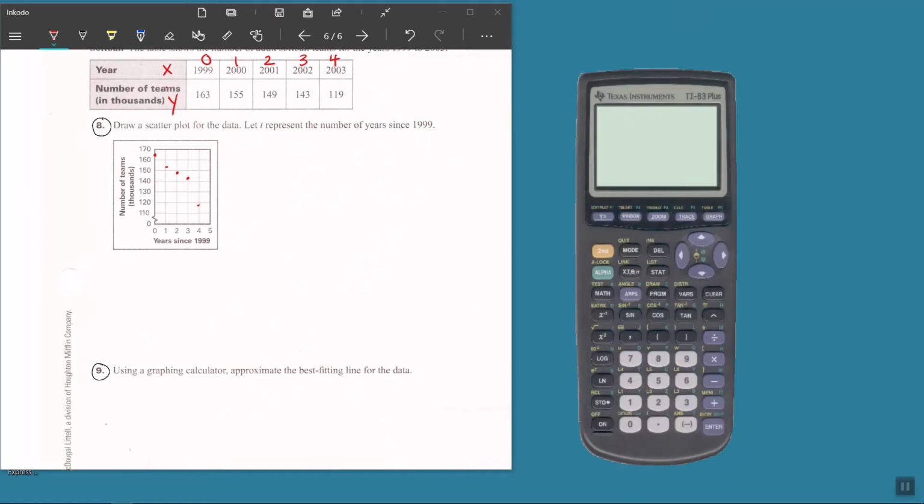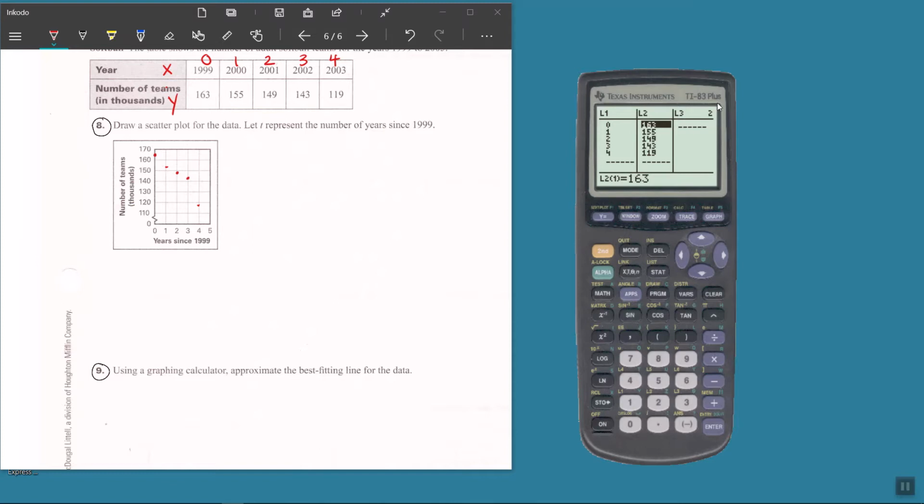All right, so you'll want to turn on your calculator, which should be at the bottom left of the calculator, and then you're going to hit the stat button that's at the top next to the arrow keys. It's going to pull up this screen that looks like this. You want to click on edit, and then it's going to bring you to a screen that looks like this.